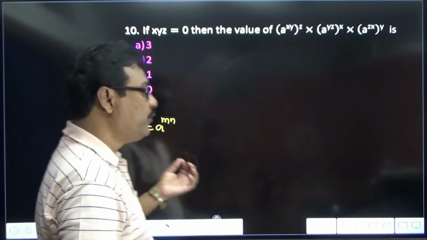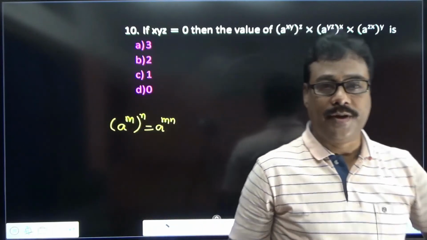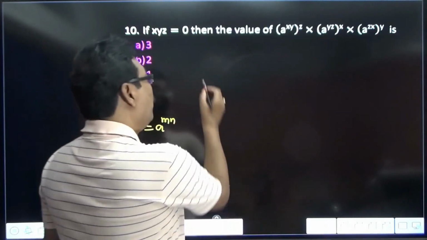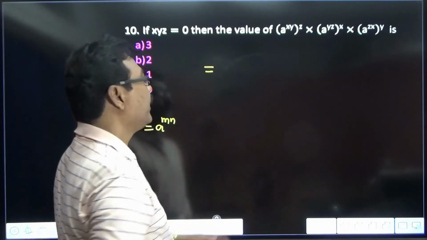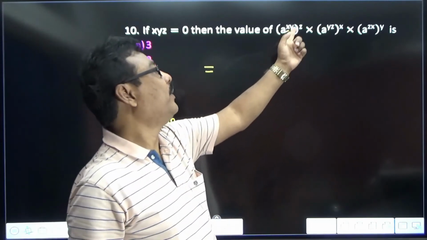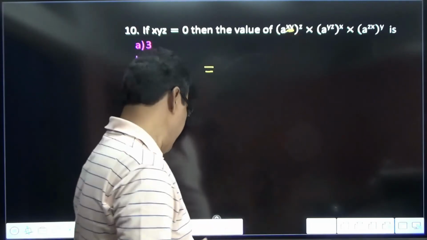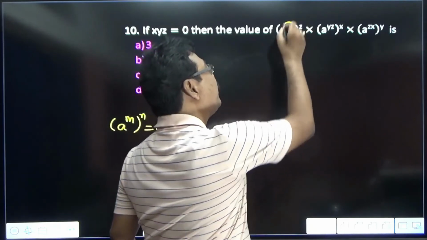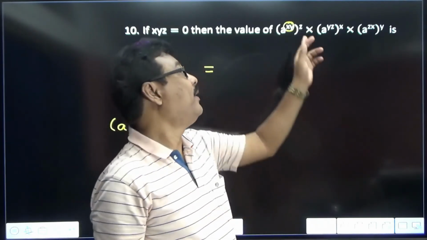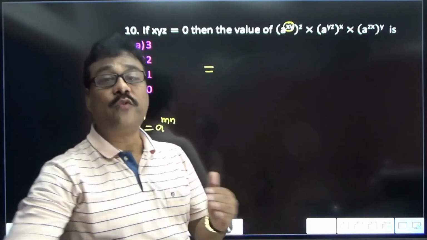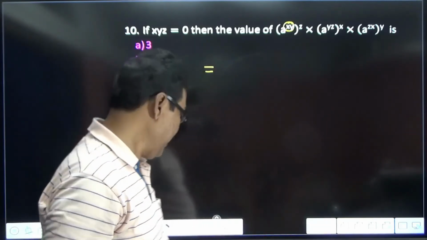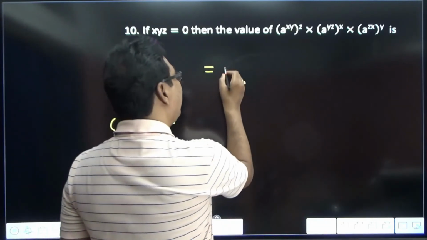So if I use this formula, I can solve it. Let us see what I will get. A to the power, this one can be taken as m, and this one is n. So xy into z becomes xyz.